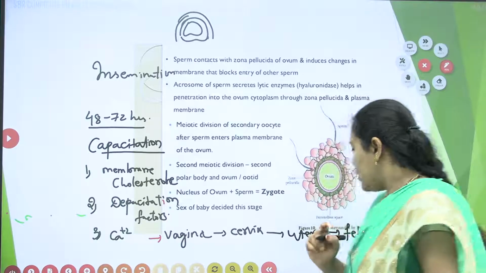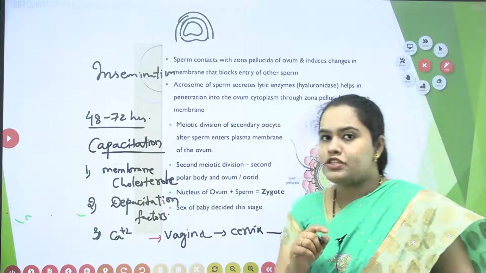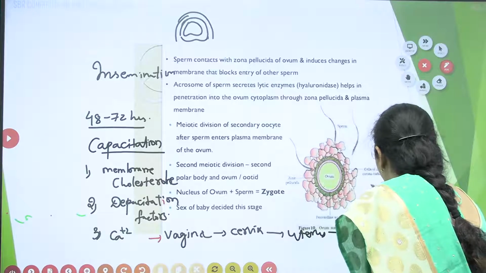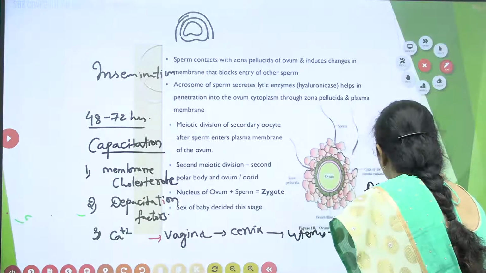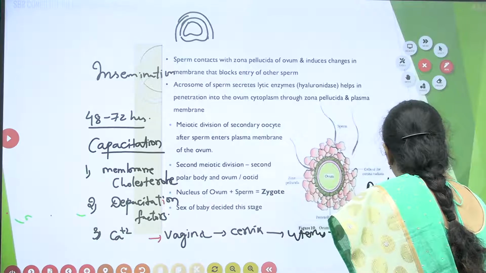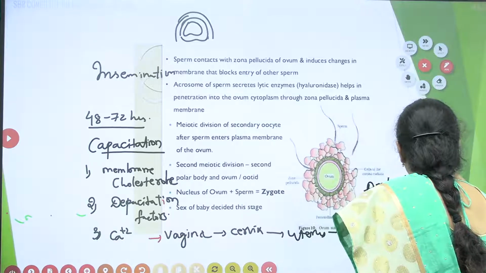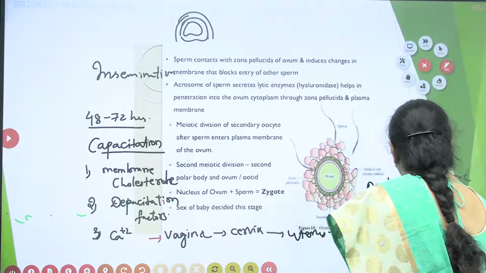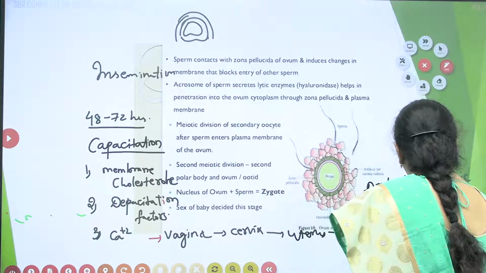That junction is called the ampullary isthmic junction.